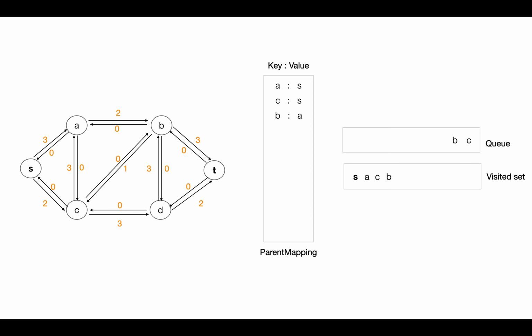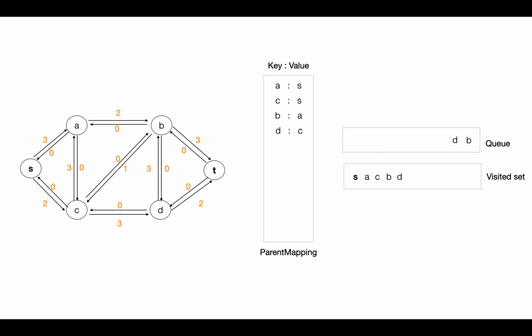A and B are already visited, so they are not in the game. So let's select D while we pull C from the queue. Let's put D in the visited set and also in the parent mapping.